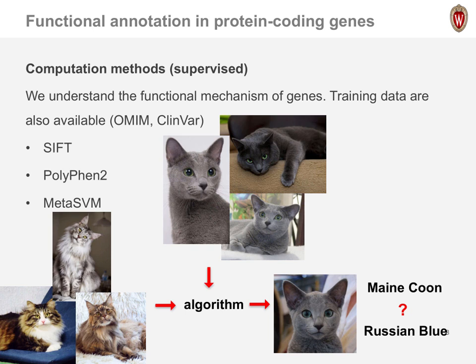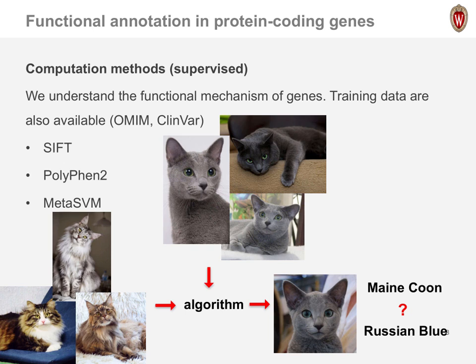And then when given a new picture, the algorithm will tell you how likely this is a Maine Coon, how likely this is a Russian Blue. It's exactly the idea people use in supervised learning methods for figuring out whether or not a variant is functional, right? Because in the coding region, we have databases that give you a list of disease-causing variants, and you also have a database for relatively neutral variants.